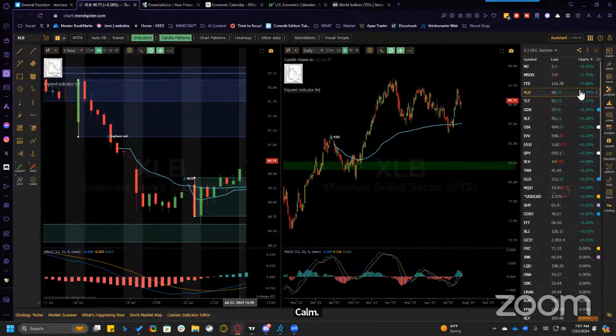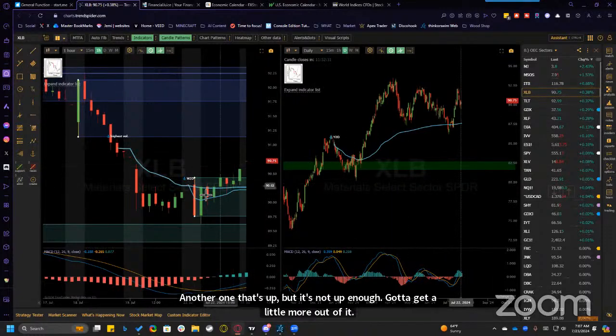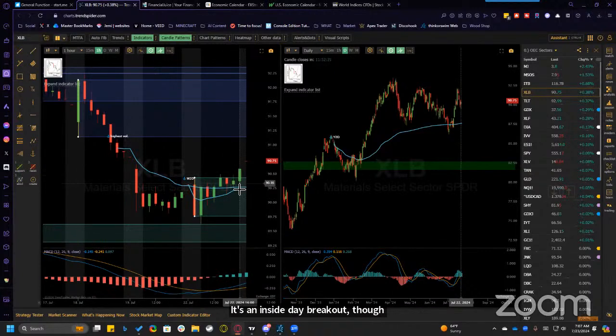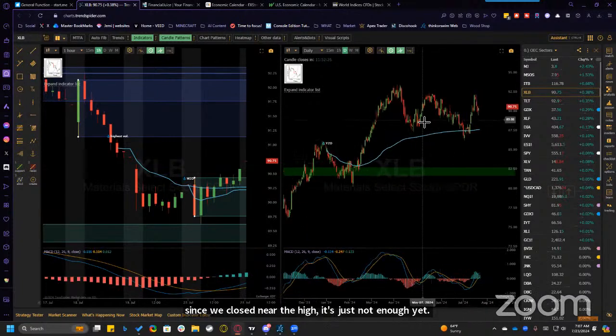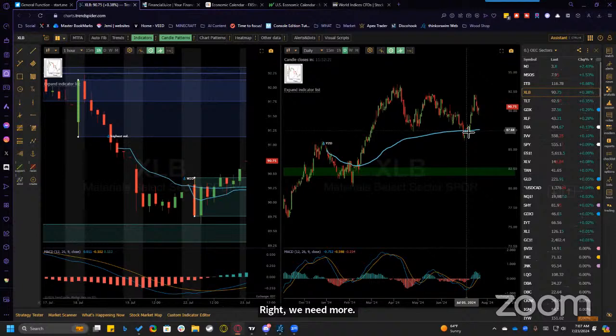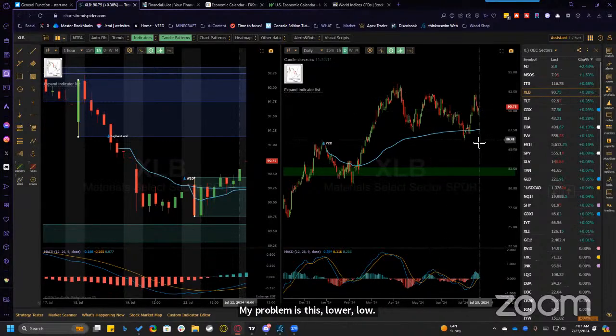XLB, another one that's up, but it's not up enough. Got to get a little more out of it. It's an inside day breakout though, but since we closed near the high, it's not enough yet, right? We need more. But it's holding that VWAP like a champ. My problem is this lower low and these 2 lower highs. If we get one more lower low, that's a trend to the downside.